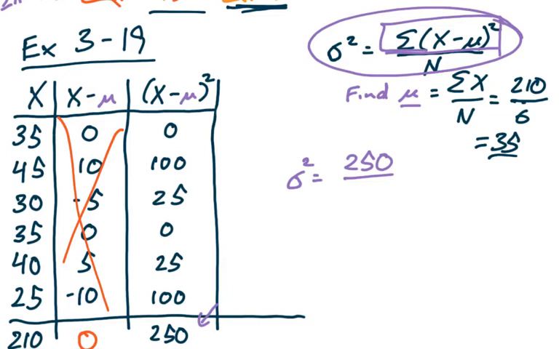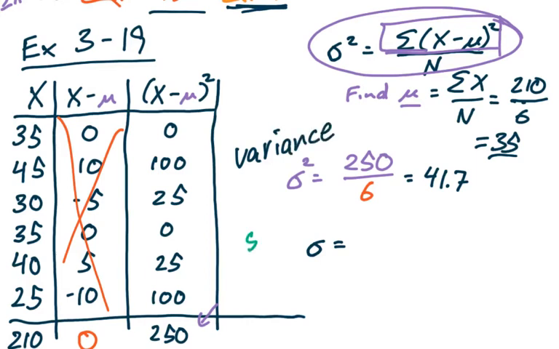And then here we have n equals 6. So there's that. Okay, so we obtained 250 divided by 6. I had to pause to plug that in my calculator. We get out 41.7. And then for the standard deviation, remember this is variance, and this one is standard deviation.